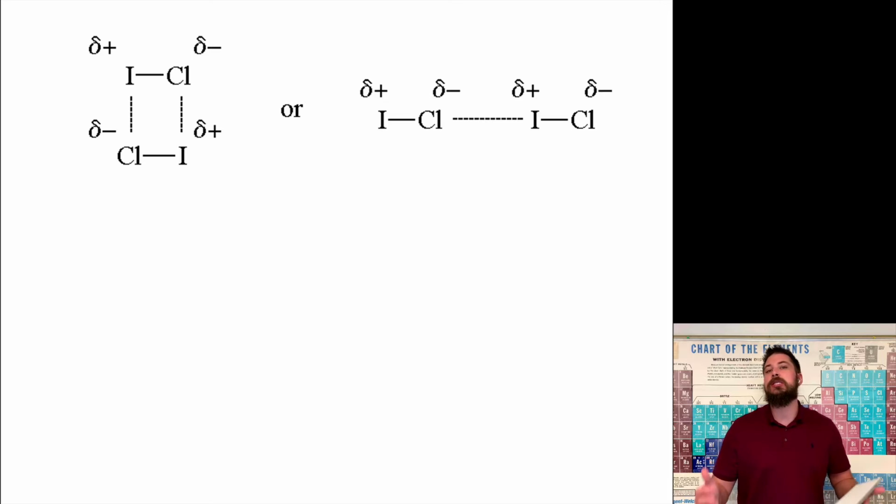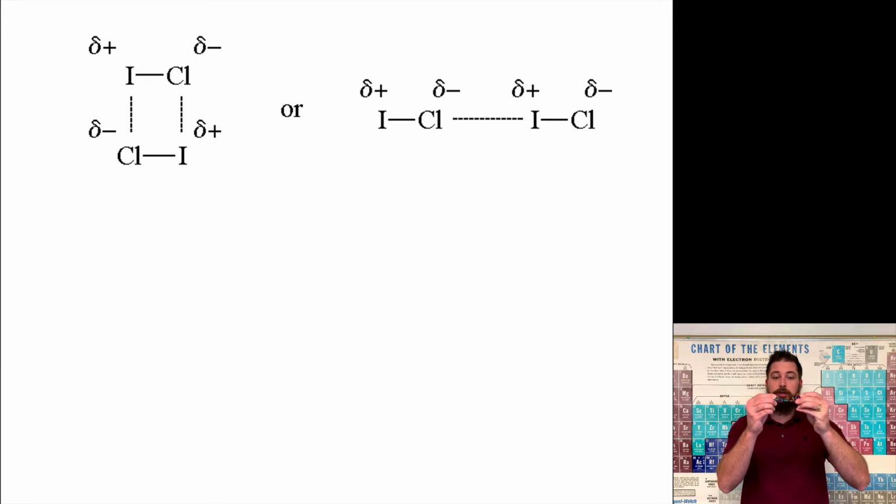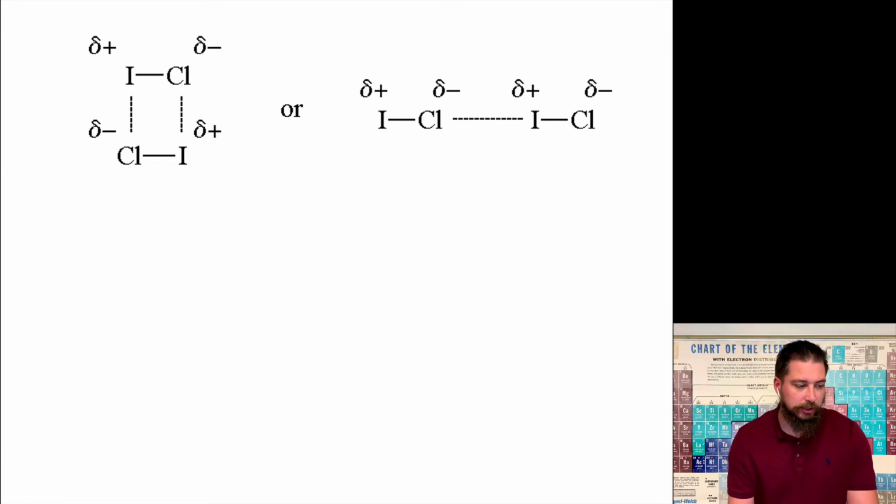Notice how in the first diagram the partial positives and the partial negatives are attracted to each other. There's a force of attraction that makes them want to stick together more. That is dipole-dipole interaction.